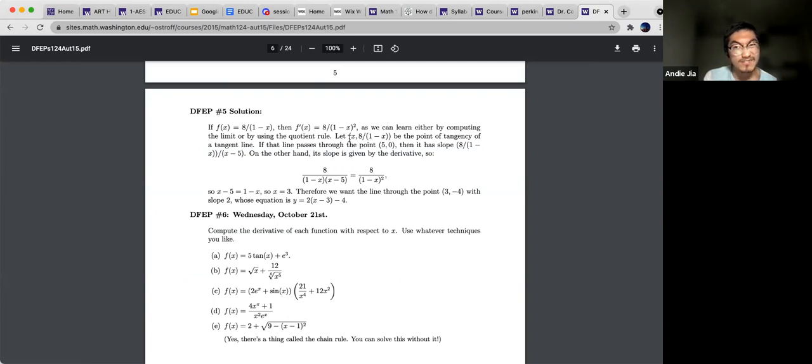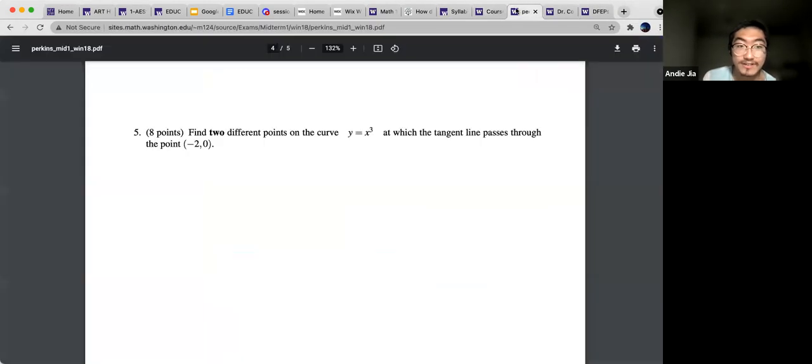So this is what you need to find. Let this point be the point of tangency here. So the point of tangency is (x, x cubed) with slope 3x squared.